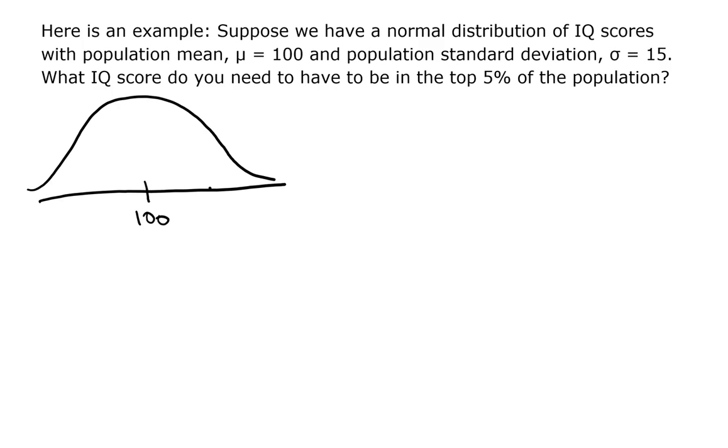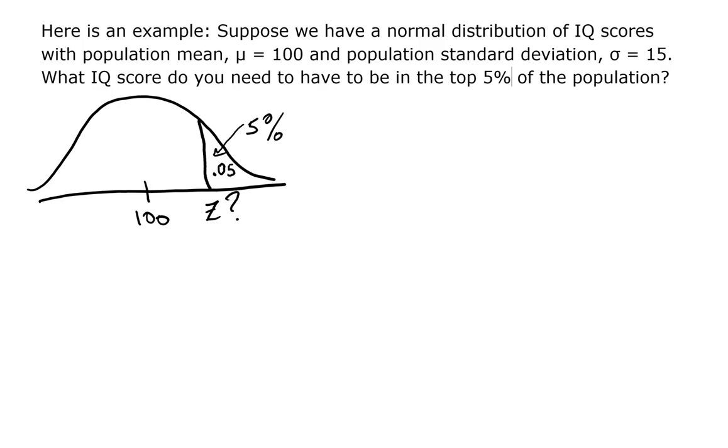And let's sketch out 0.05. This would be 5%, and we're looking for z, right? We don't know what z is, so the area is 5% or 0.05.